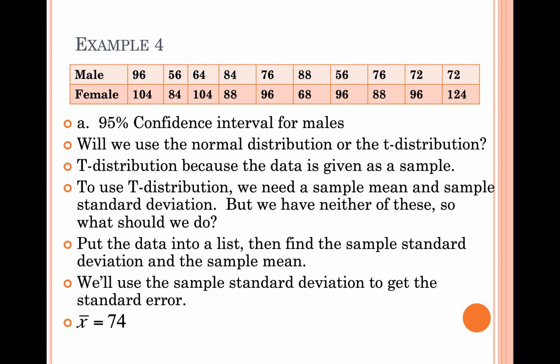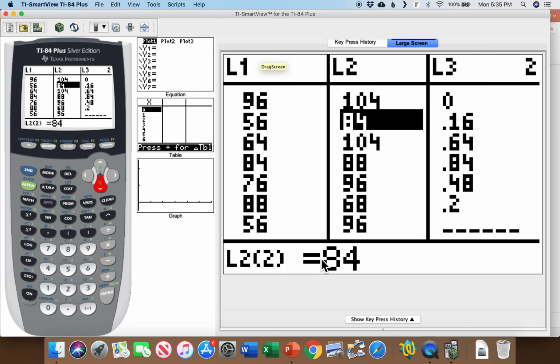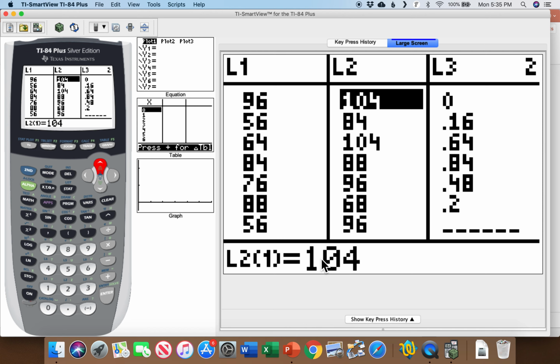So there's the sample mean, but let's go right to our calculator. I'll show you how to do this. I put the data in already, but if you want, pause the video now and put in the male data in L1 and the female data in L2, and you should have 10 rows for each of them.